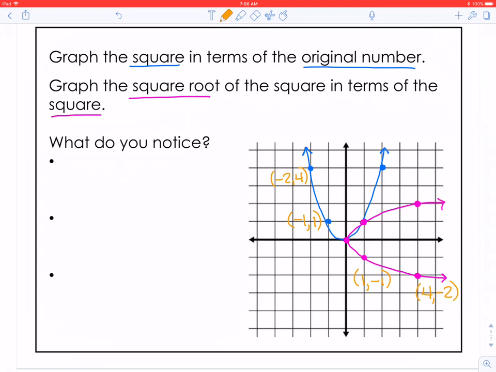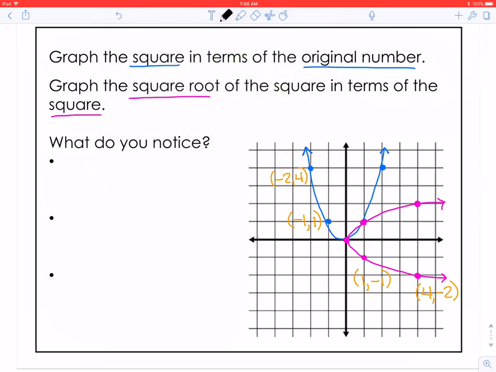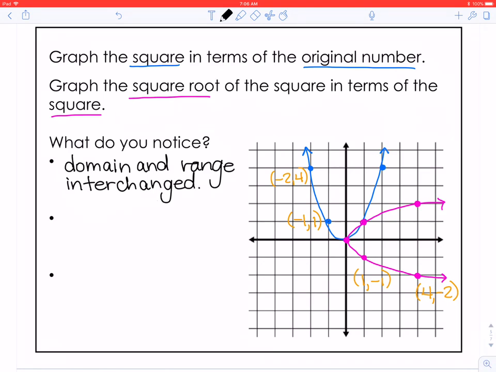And that will always be true with functions and their inverse. You're always going to see the domain and range are interchanged. A point that was (x, y) on your function becomes the point (y, x) on your inverse.